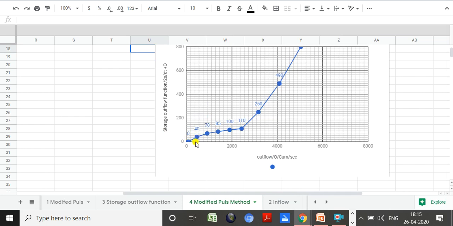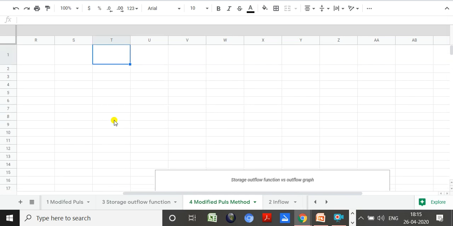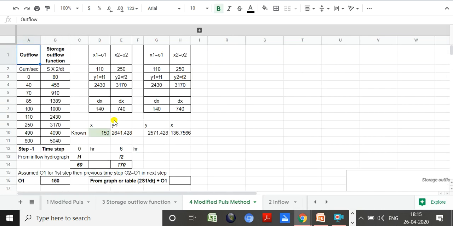If this graph is ready with you, you can easily estimate the value with the help of this curve. If the graph is not available, in that case you can use the interpolation function.